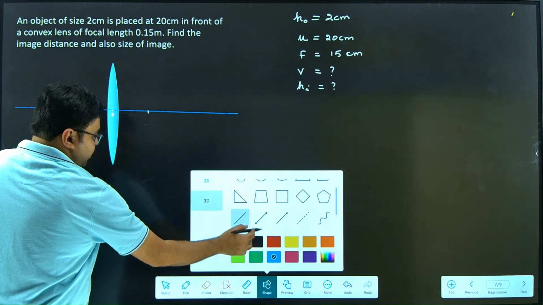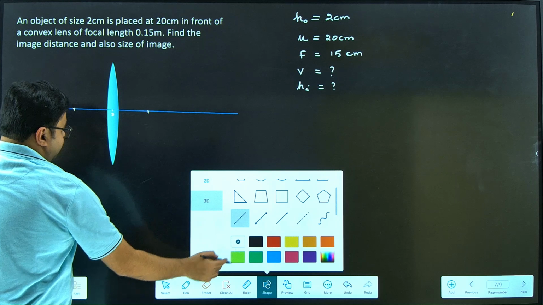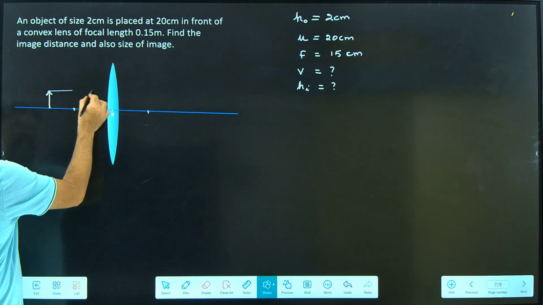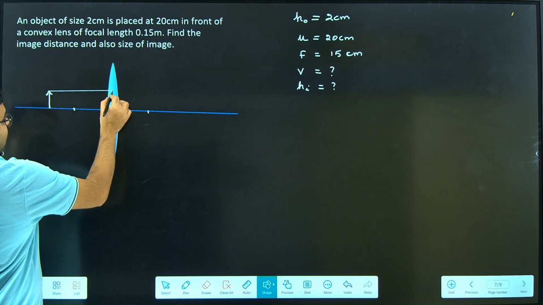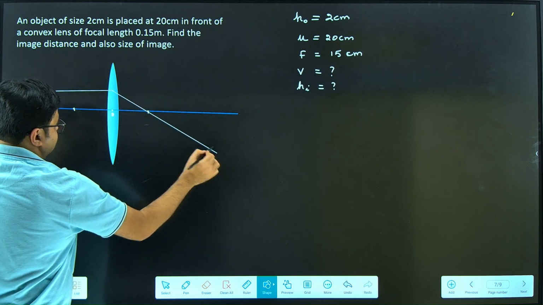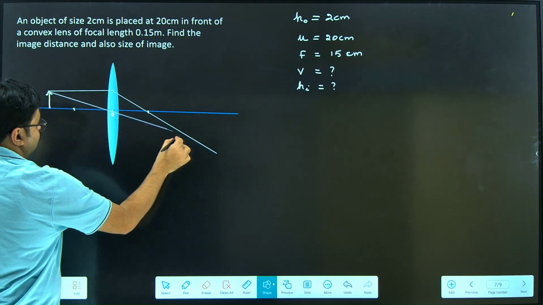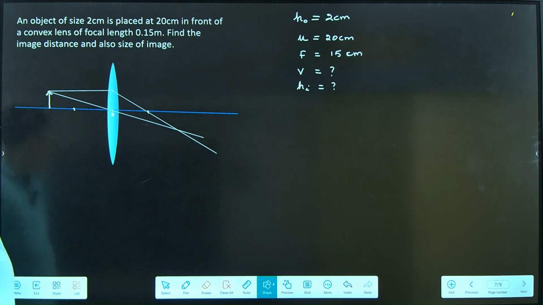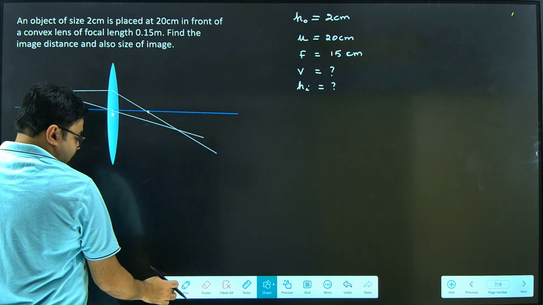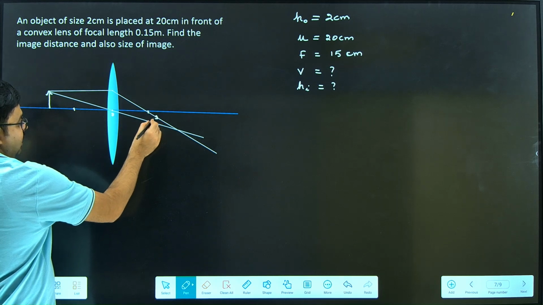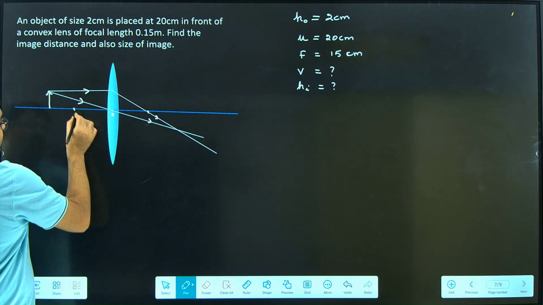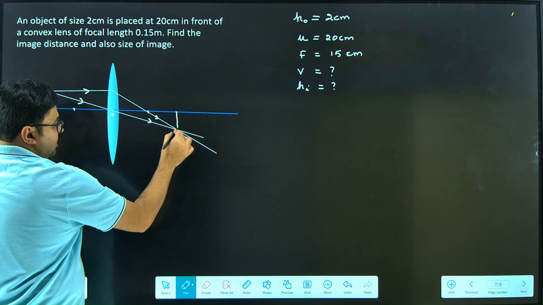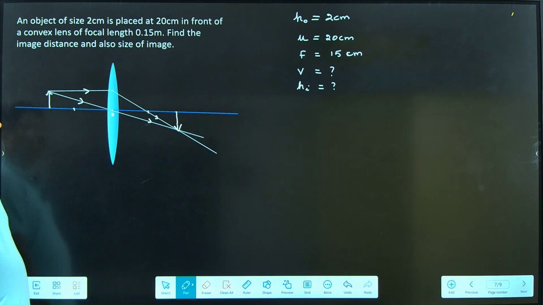If you want to draw rays of light, maybe you would want to do it like this. One ray of light goes this way. It passes through the focus. The other ray of light passes through the optic center and forms an image here. Both of these rays of light converge at this point, right, and then form an inverted image here.